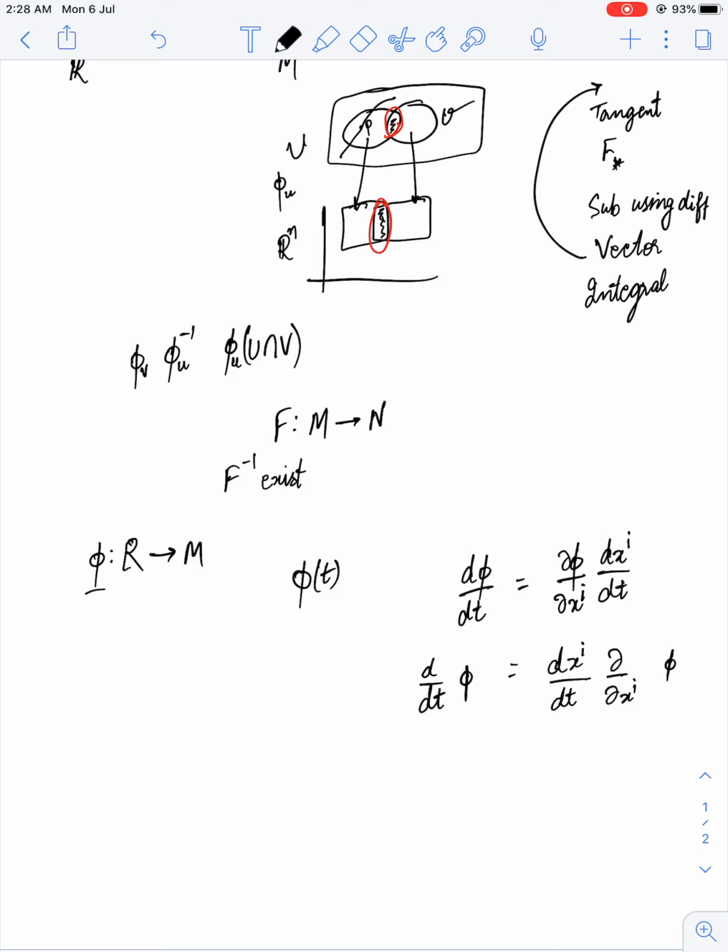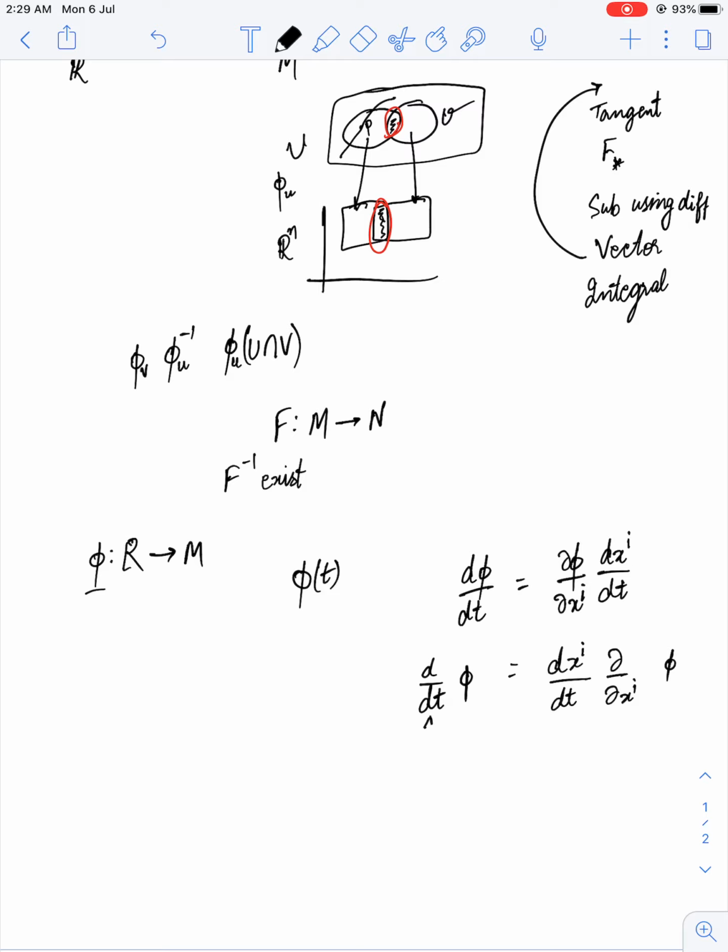Now, there's a little bit more you can get involved in, but I will just leave it to here. We are going to associate, one can show there is a one-to-one correspondence between a vector and the differential operator associated with the vector.